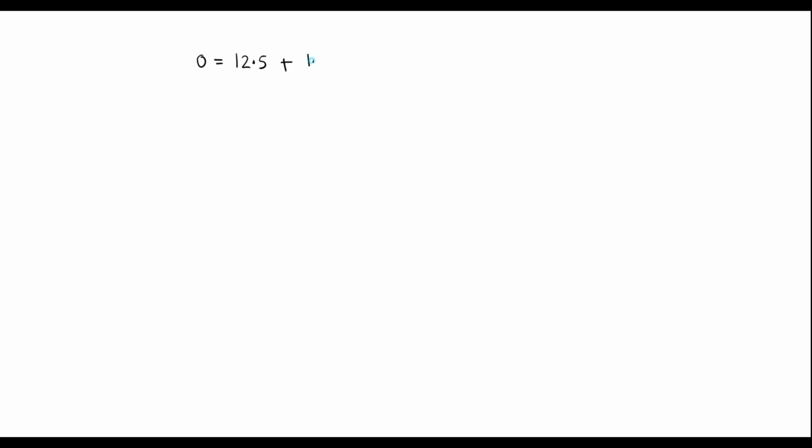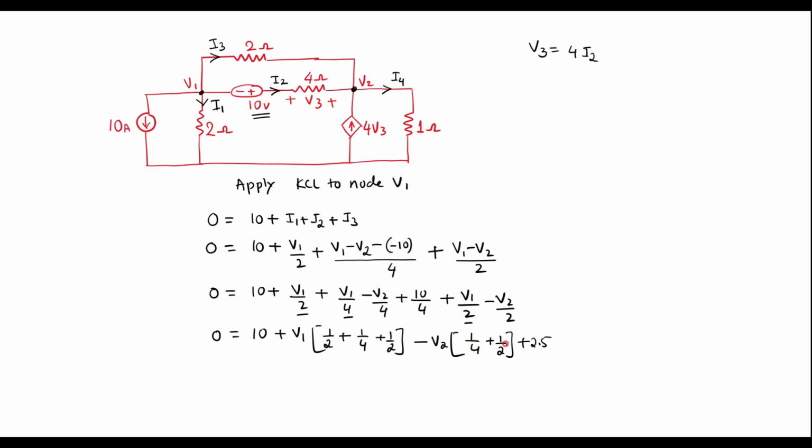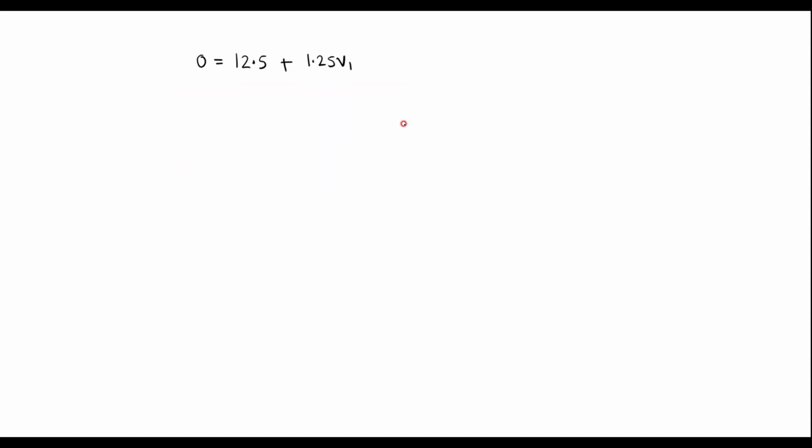Here we have 1 by 4 plus 1 by 2, which is 0.75, so minus 0.75 V2. Or I can write 1.25 V1 minus 0.75 V2 is equal to, taking the 12.5 to the other side, minus 12.5. Let me call it equation 1.